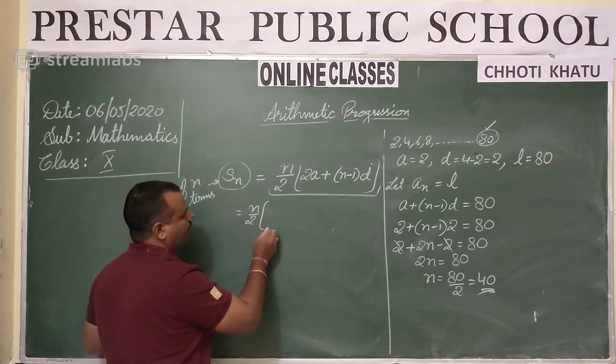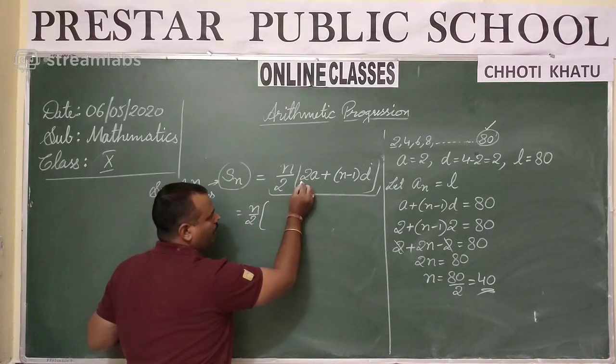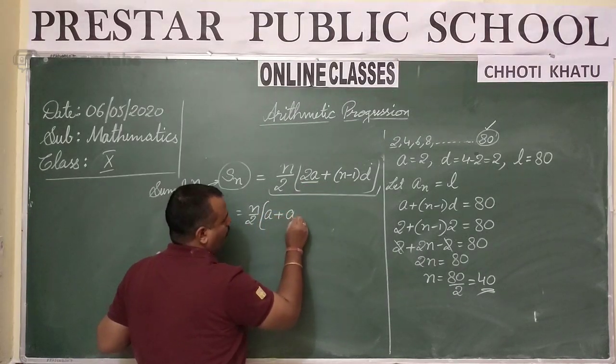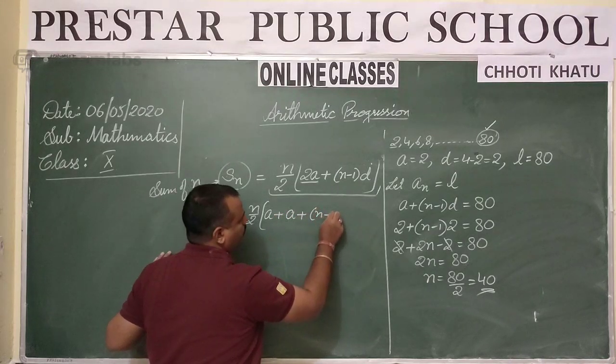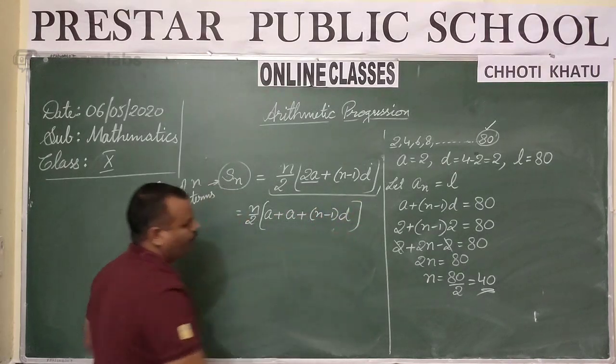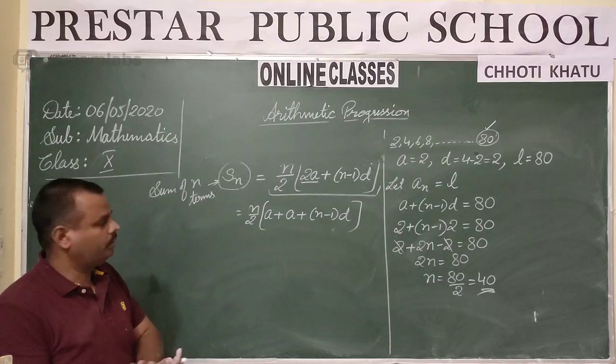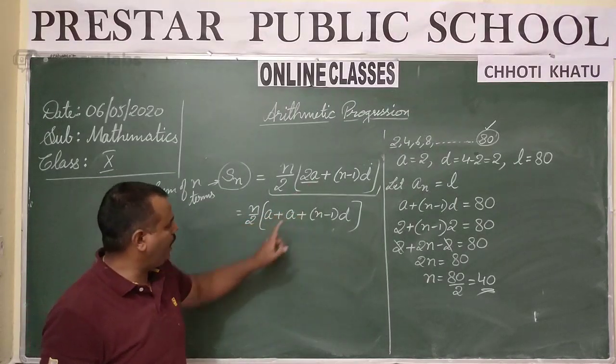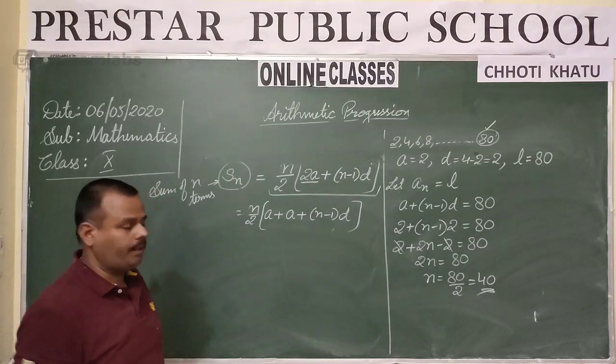It can be written as n upon 2 multiplied by, now it is 2a, we can write it as a plus a plus n minus 1 into d. Can it be written or not? Because a plus a is 2a. So 2a I am writing as a plus a.